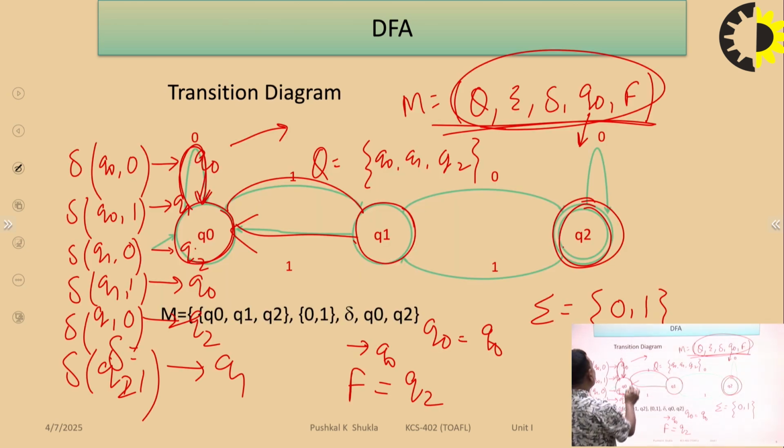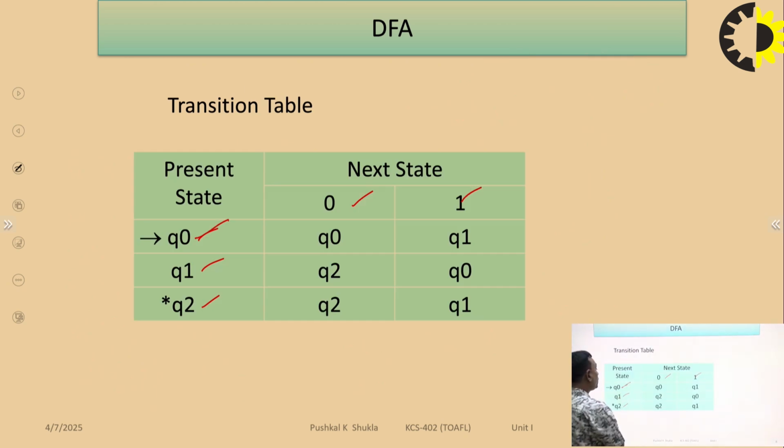Taking Q naught as the current state and the current input 0, we go to Q naught. So Q naught is the current state and 0 is the input given, then it goes to Q naught.